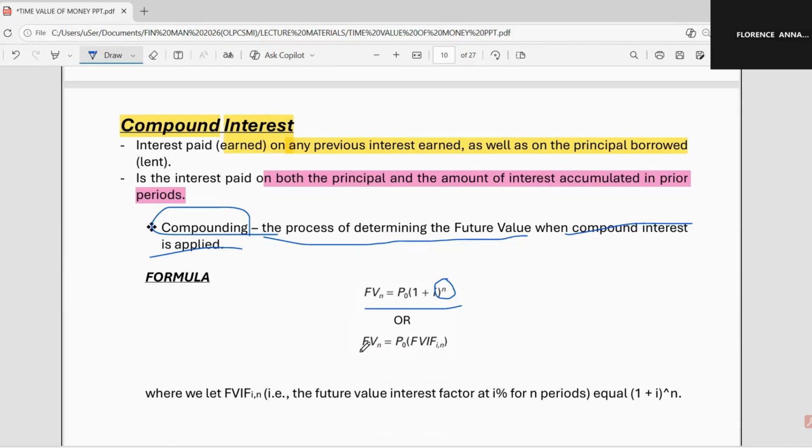Or future value is equal to your principal times your future value interest factor at an interest rate for n period. Your FVIF is actually this, your 1 plus interest rate raised to n.